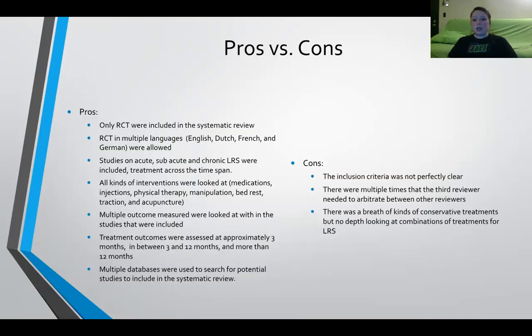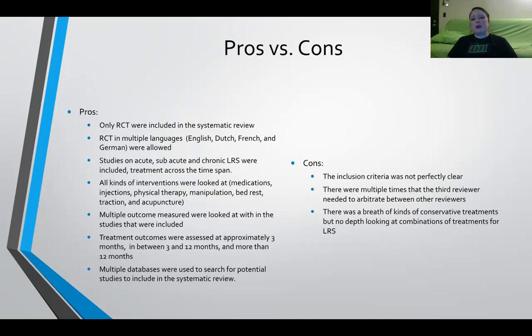The pros versus cons. I'm going to start with the cons. The inclusion criteria was not perfectly clear, in the sense that there were several times where they needed the arbitrator to determine whether a study should be included or not in the systematic review.